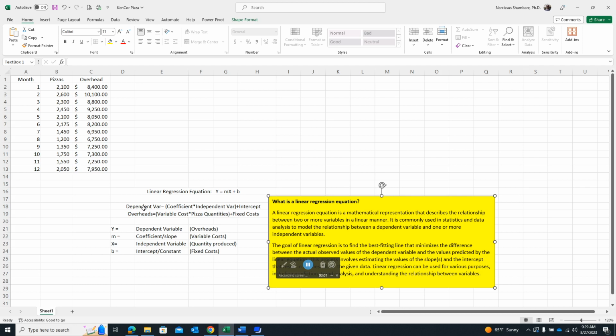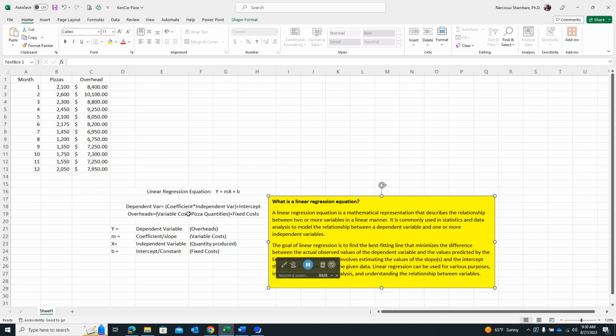So the y would be our dependent variable, right? And as we've already said, the dependent variable in this case is going to be the overheads, right? So the overheads actually depend on the quantities of pizzas, okay? Otherwise, we wouldn't have any costs to incur if we're not producing the pizzas, right?